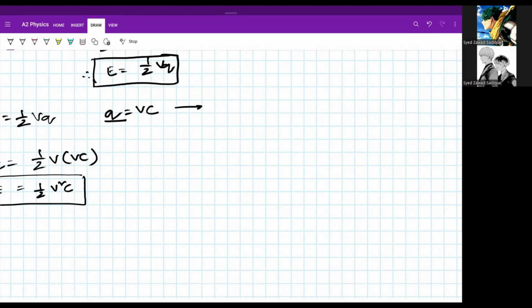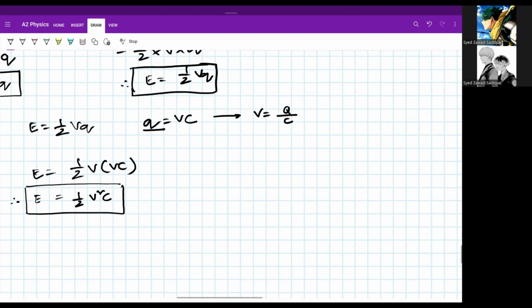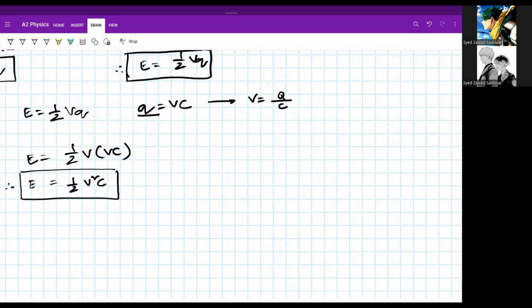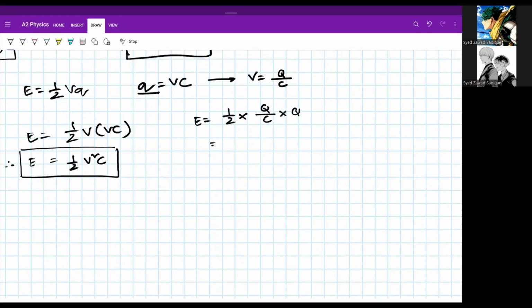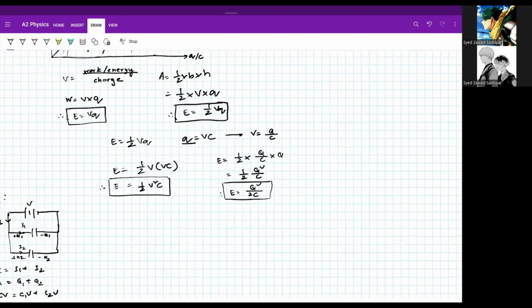We can rearrange this. We can write V is equal to Q by C, right? So if we substitute V, then energy is equal to half multiplied by Q by C times Q, which is equal to half Q squared by C. Therefore, E is equal to Q squared by 2C. It's another energy formula. Okay.